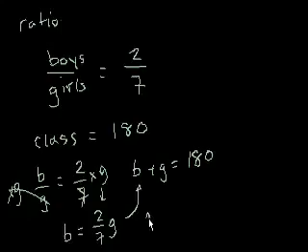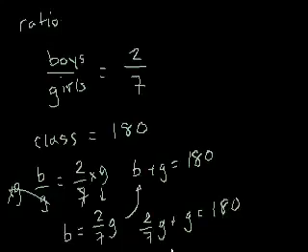So then we have 2 over 7 g plus g is equal to 180. And what's 2/7 g plus 1g, or 7 over 7 g? Well, you could do the fraction, but it's 2/7 plus 1, which is the same thing as 2/7 plus 7/7, right?